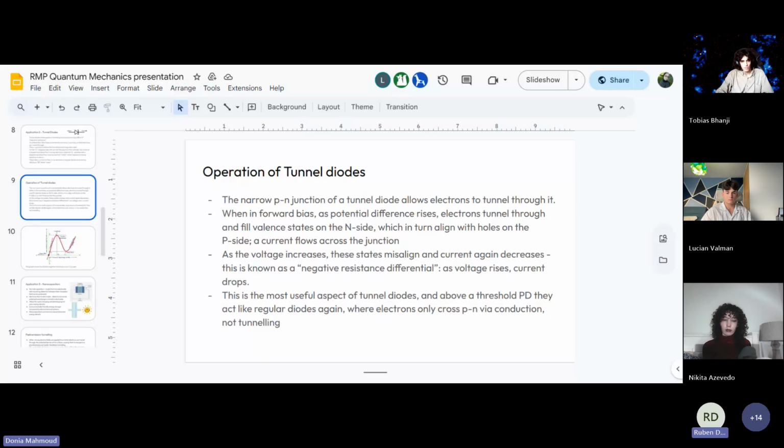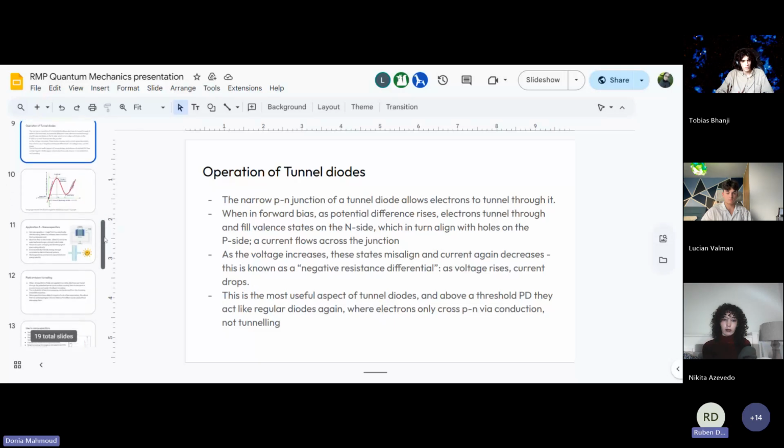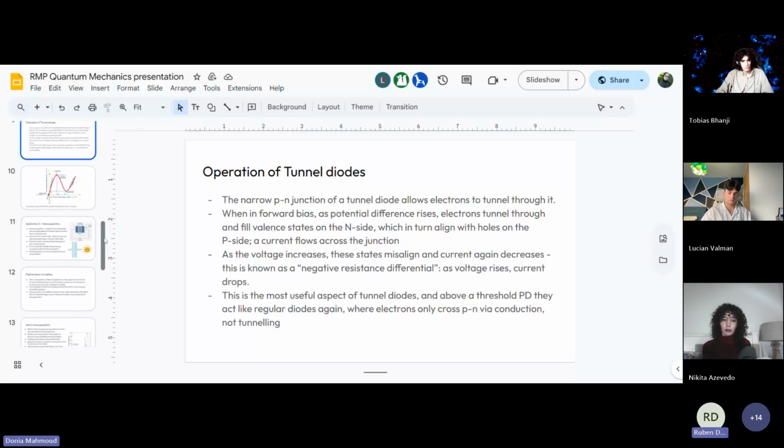As the voltage increases, though, the states misalign and the current again decreases, and this is known as negative resistance. This is a negative differential resistance, because as the voltage rises, the current drops, and this is the most useful aspect of a tunnel diode. This is also good because above a certain threshold potential difference, they act like regular diodes again, and electrons can only cross the junction via conduction, not tunneling. Next slide.